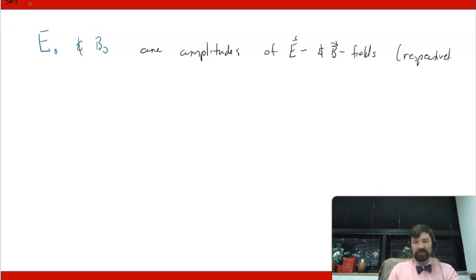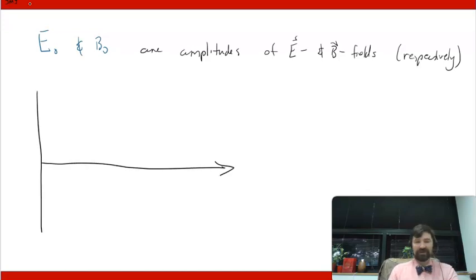And you'll recall that amplitude means maximum value. So if you were to sketch out, like, a snapshot somehow of the wave where this is position and this is, let's say, E, then you would expect to get a wave that looks sinusoidal like this.